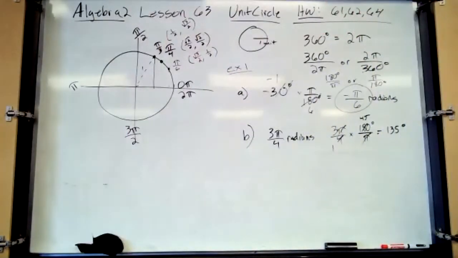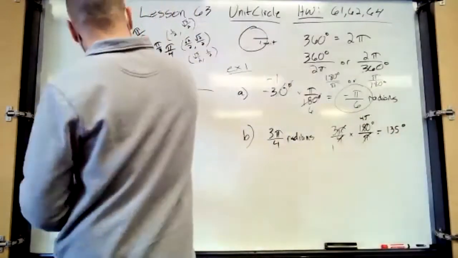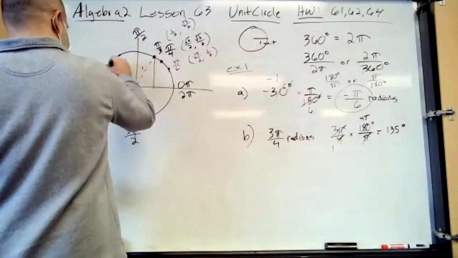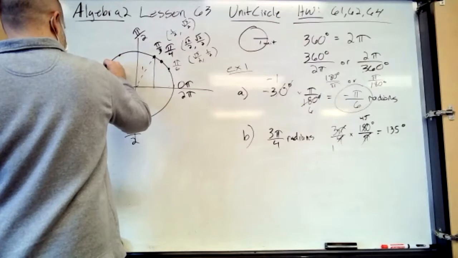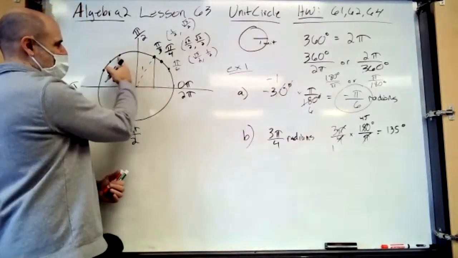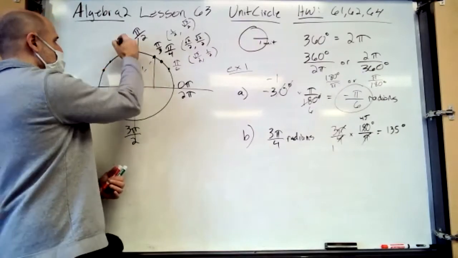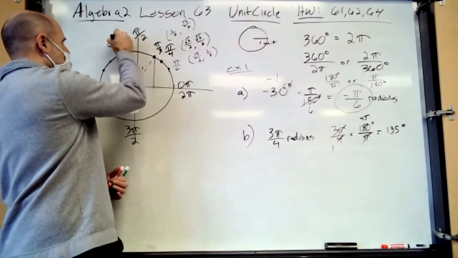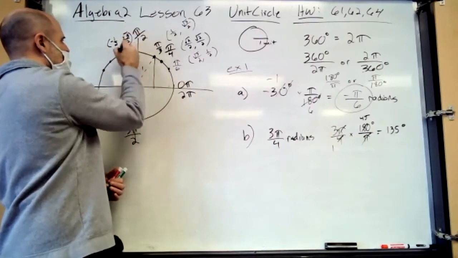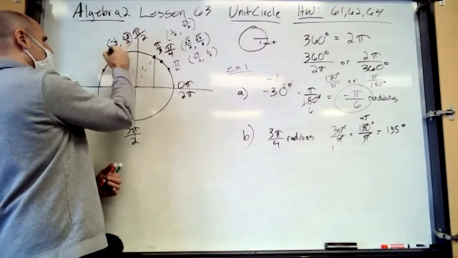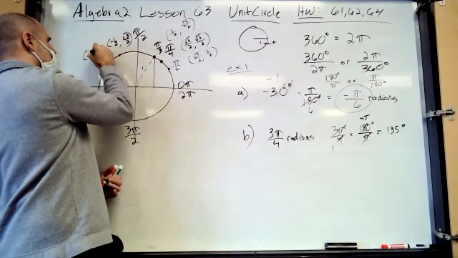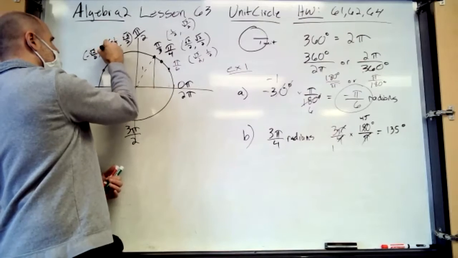So now you've got different coordinates over here, which is the same thing. This is that same 30-60 triangle, and this is that same 45-45 triangle. But over here, instead of going right 1/2 and up radical 3 over 2, you're going left 1/2 and up radical 3 over 2. And then you're going left radical 2 over 2 and up radical 2 over 2.